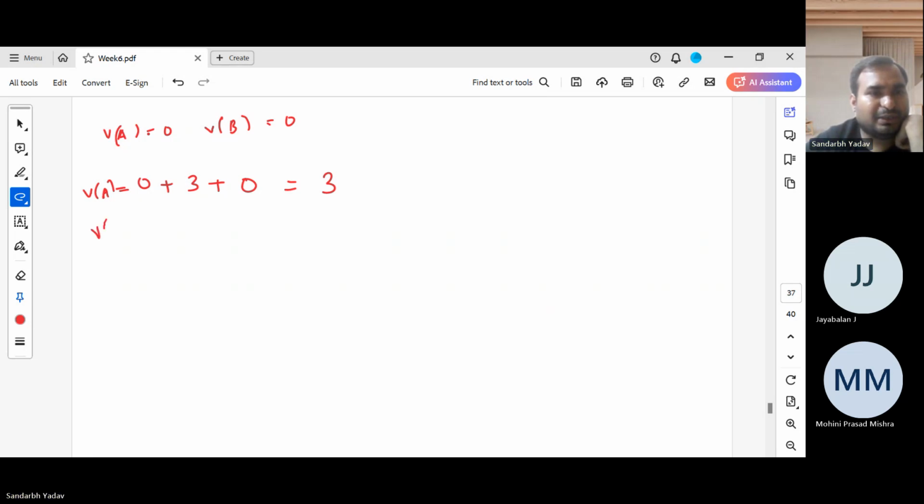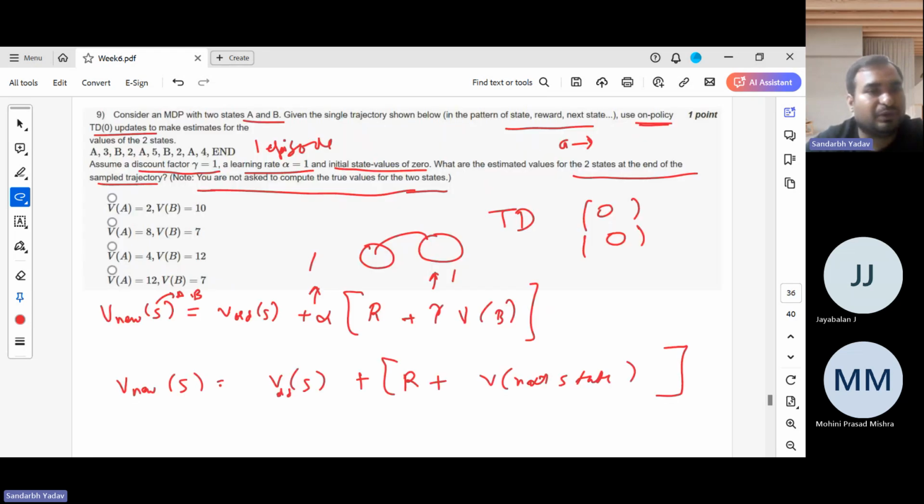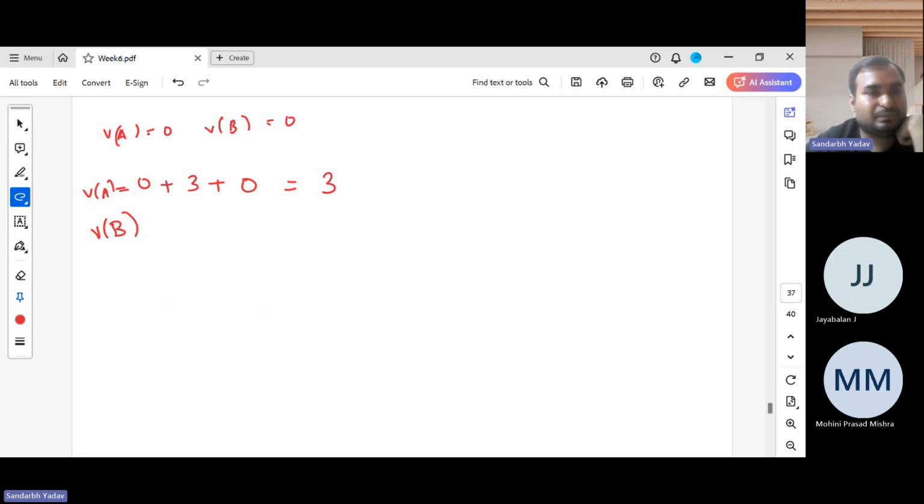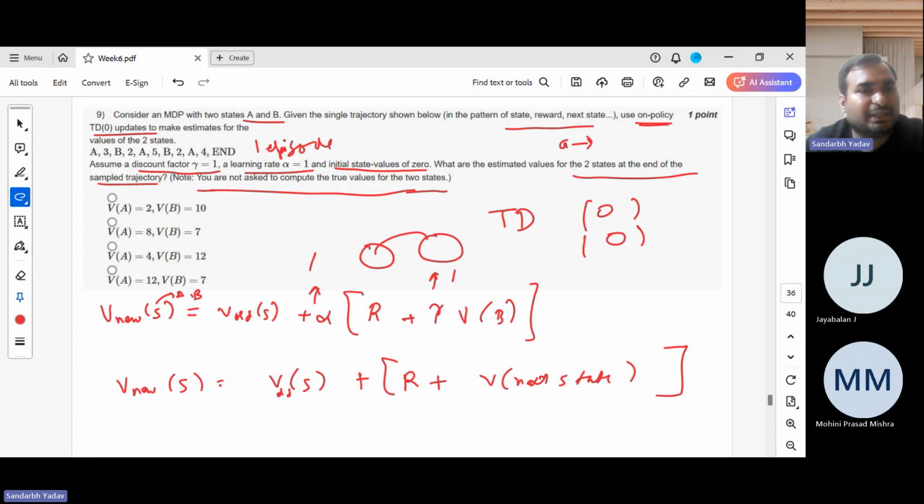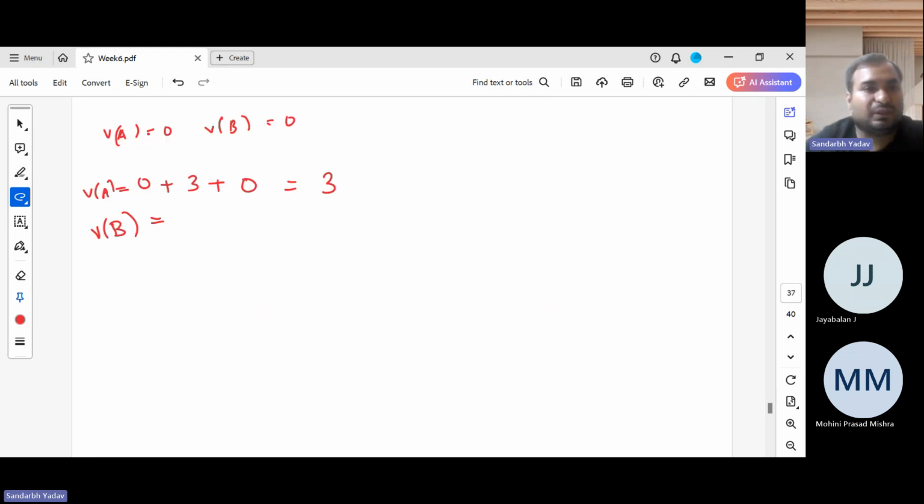Now in a similar manner, you can do it for state B, because now we are at state B. What is the reward which we are getting? We are getting 2. On this slide, there are two ways of doing it. One is the asynchronous way and one is the synchronous way.